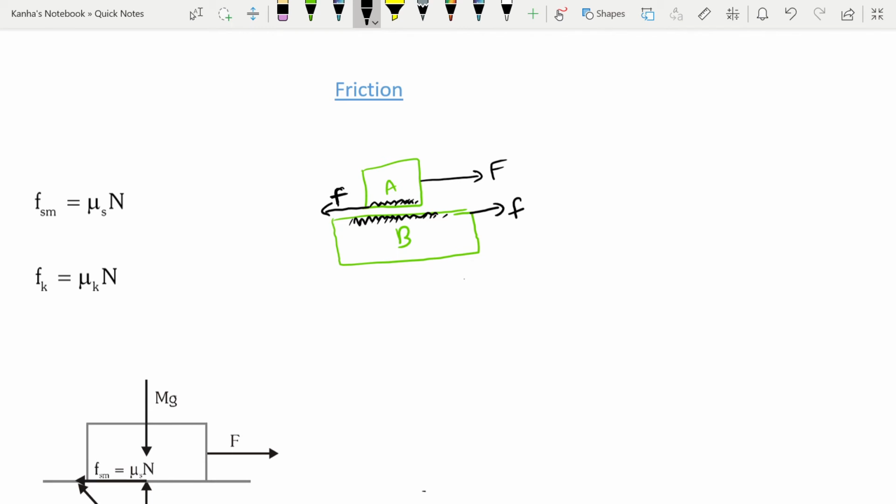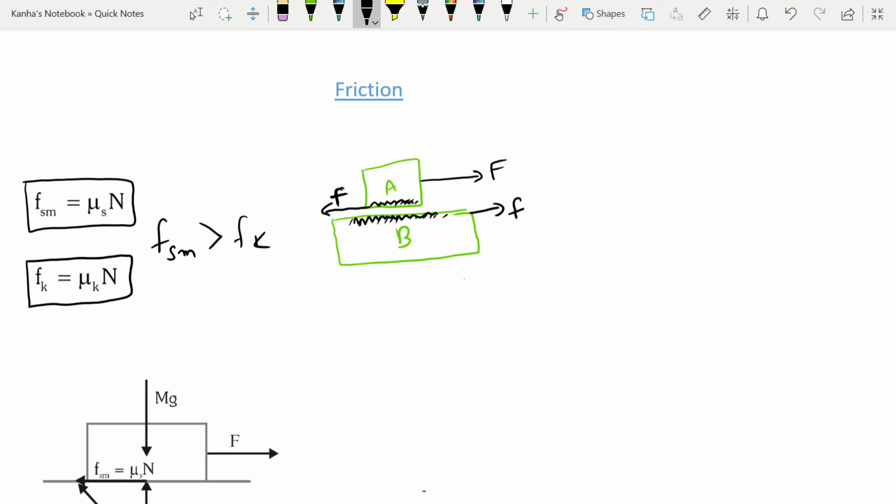Now there are two kinds of frictional forces. There is something known as the static frictional force, and then there is something known as the kinetic frictional force. Note that maximum static force is greater than the kinetic friction.